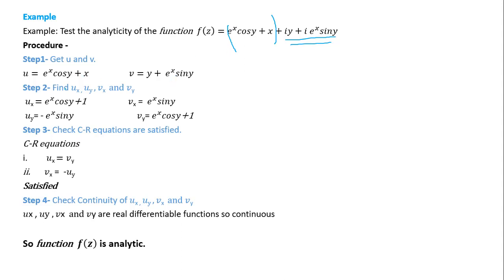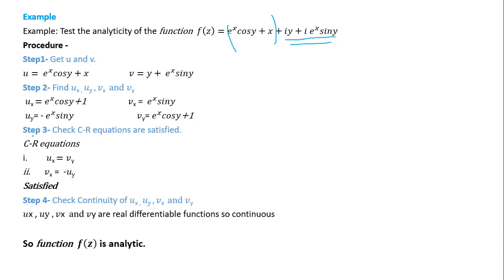Step 2. Now find ux, uy, vx, vy. ux with respect to x is e^x cos y plus 1. uy: the differentiation of cos y is minus sin y, so minus e^x sin y. vx, differentiating with respect to x, is e^x sin y. vy will be 1 plus e^x cos y, since the differentiation of sin y is cos y.